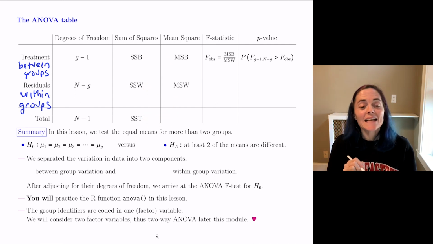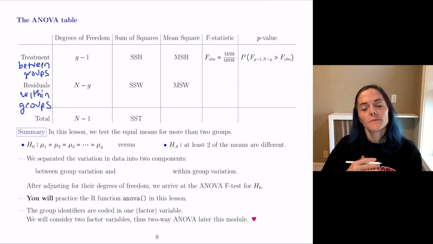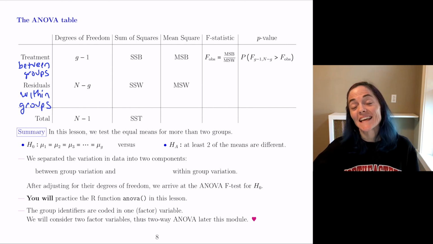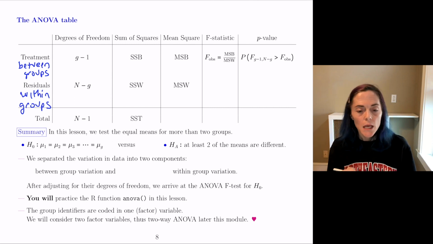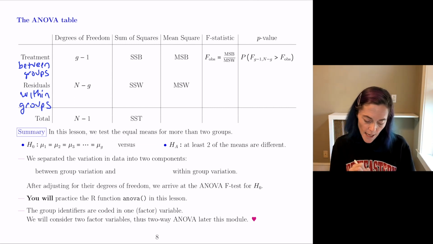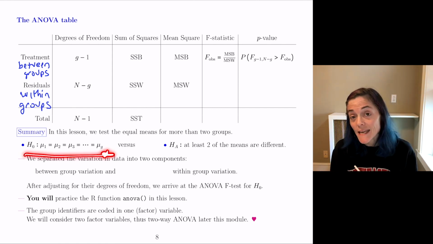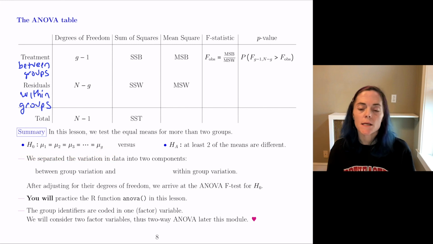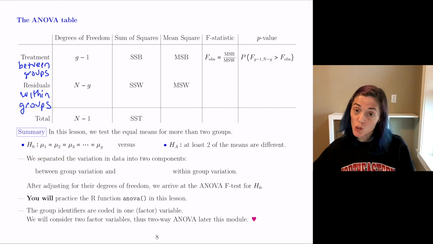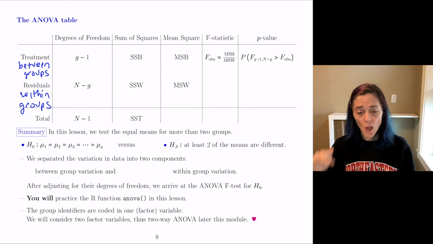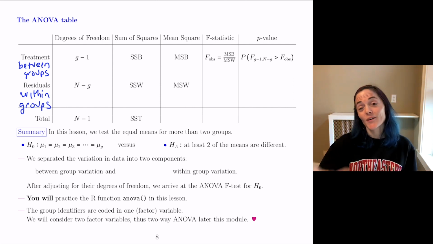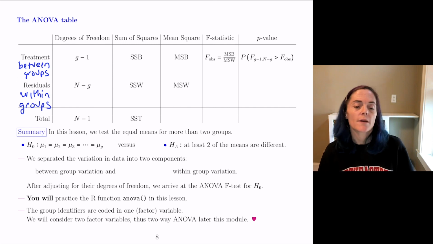Okay, I just want to summarize by moving toward what we're going to be getting into later in this module. So in this lesson, we tested for equal means for more than two groups. Our null hypothesis is that all g means are equal versus the alternative, at least two means are different. We separated the variation into two components, between group variation and within group variation.